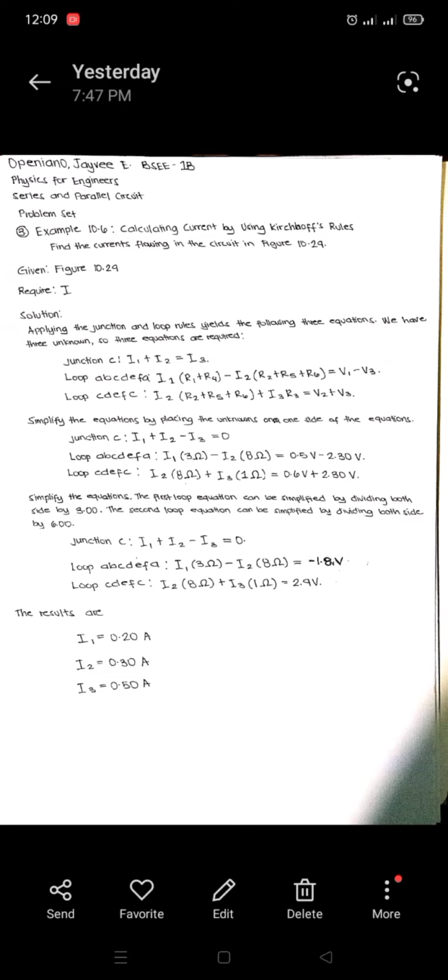For loop CDEFC: I2 times 8 ohms plus I3 times 1 ohm is equal to 2.9 volts. So the results are: current 1 is equal to 0.20 ampere, current 2 is equal to 0.30 ampere, and current 3 is equal to 0.50 ampere.